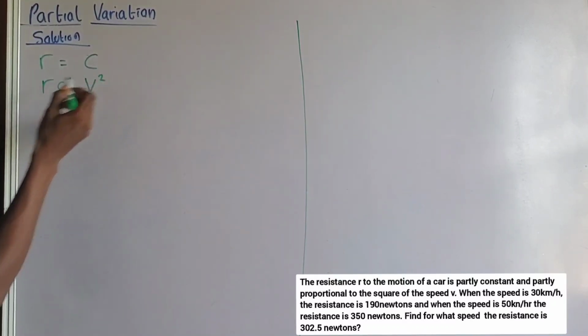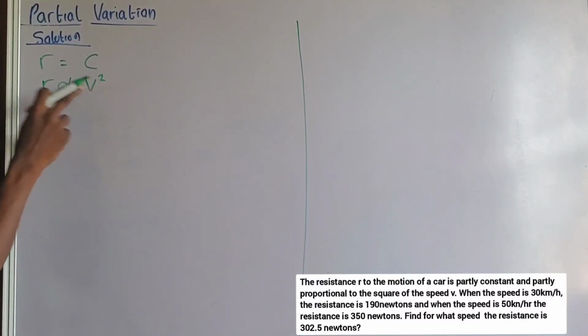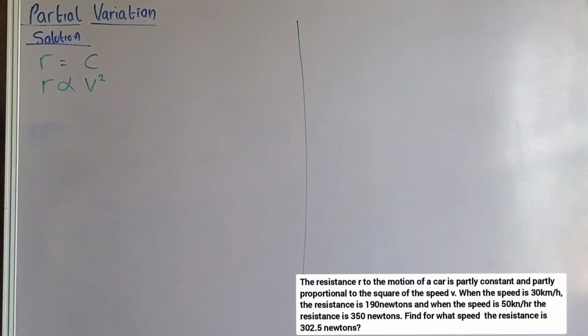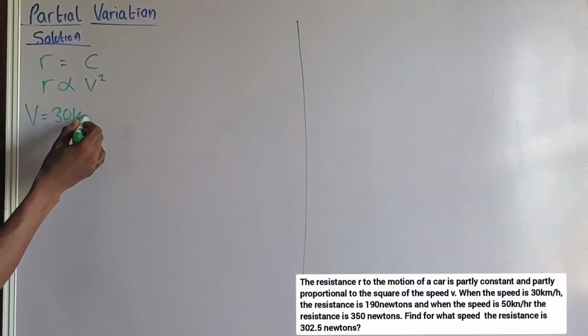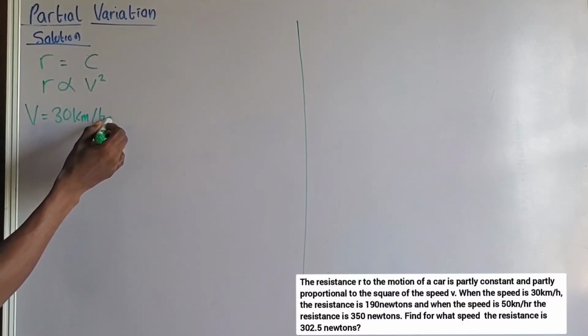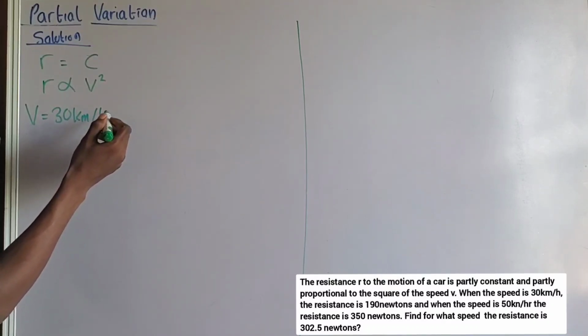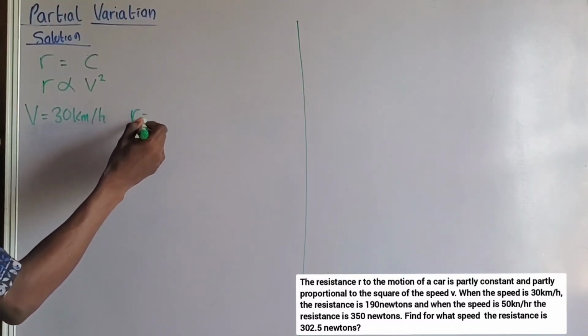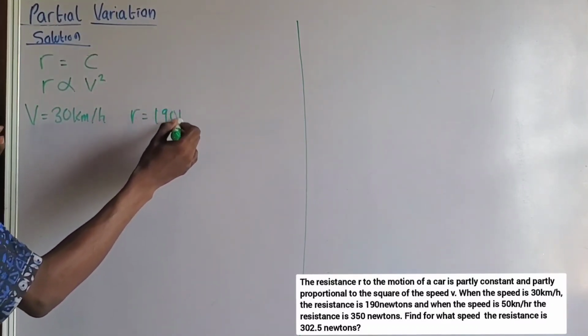V is the speed. So R varies as the square of the speed. When the speed is 30 km per hour, V equals 30 km per hour. The resistance is 190 newtons, so R equals 190 newtons.